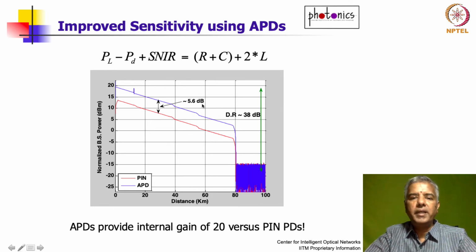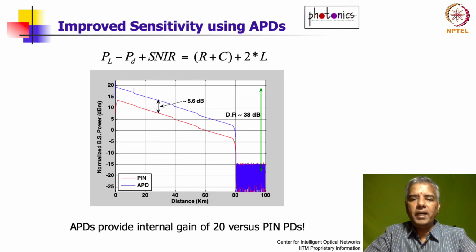So you could get better dynamic range by using a photodiode which has an internal gain. That's what an avalanche photodiode is. So you are able to improve the overall dynamic range. Okay, so that is what we have as far as OTDR is concerned.